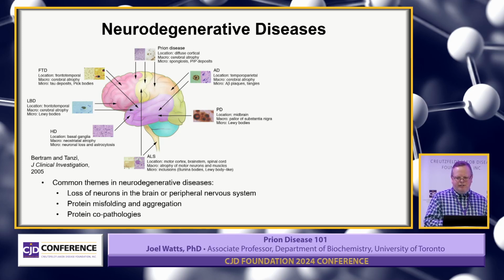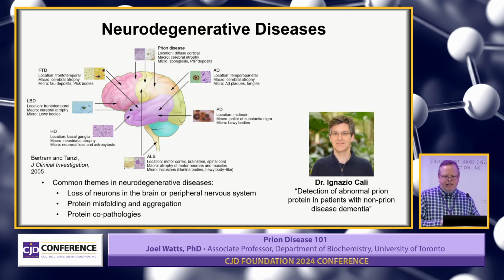And this is what Dr. Ignazio Cali is going to be talking about, looking for whether in other dementia diseases such as frontotemporal dementia or Alzheimer's disease, you see any evidence for the production of abnormal forms of the prion protein, again using this ultra-sensitive RT-QuIC test.